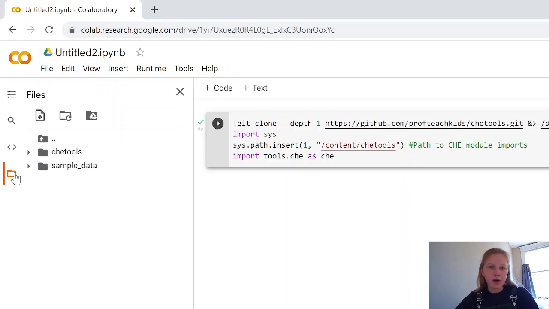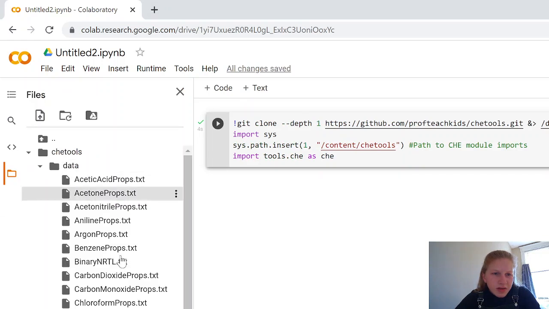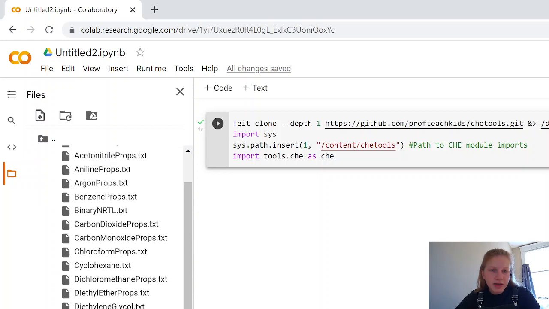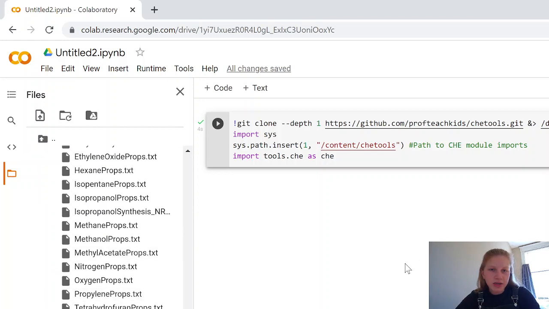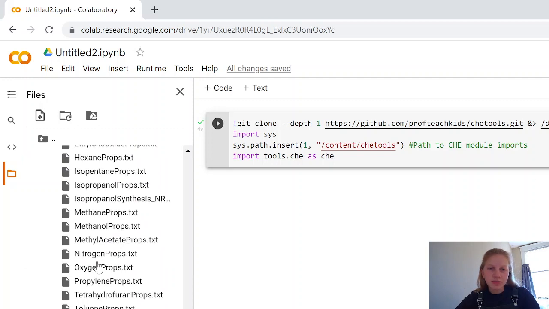So you can look over here. I think it's in here. Data. Yeah, so there's all of these now that we have in here, in case you ever needed to change the compound you're using in the system.